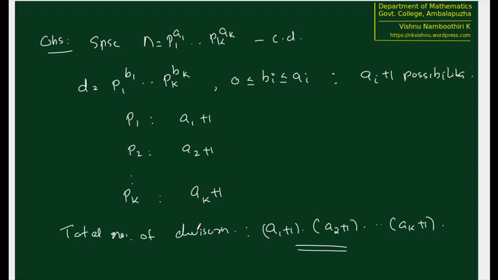So a1 plus 1 is the number of ways in which p1 can appear in D, and taking like that, the total number of possibilities is a1 plus 1 into a2 plus 1 into etc. ak plus 1. So we can find the number of divisors in this way.